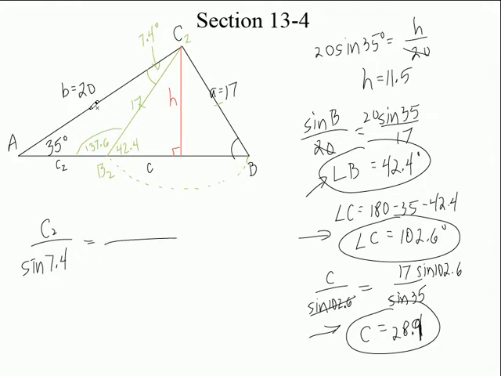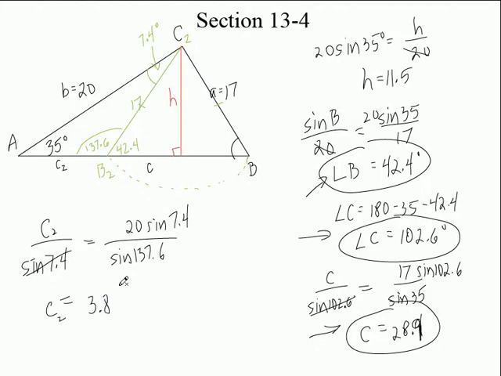Let's use these two right here. So this is 20 over the sine of 137.6, multiplied by the sine of 7.4. That goes, C is equal to all this stuff, and once you throw that into a calculator, you get about 3.8. Try that, make sure that's right.